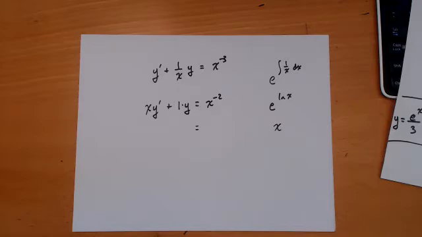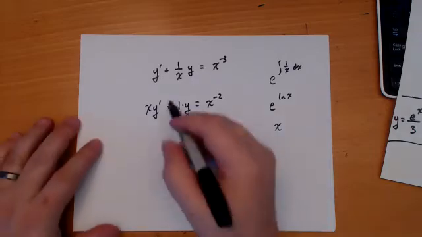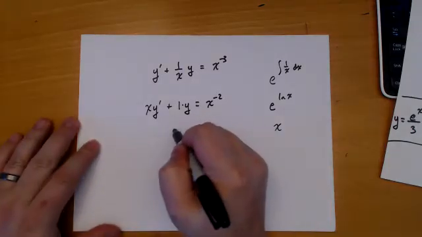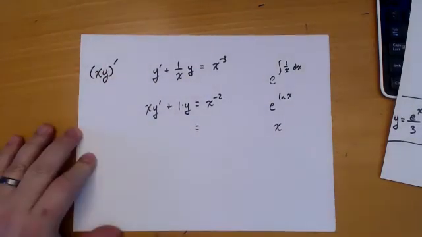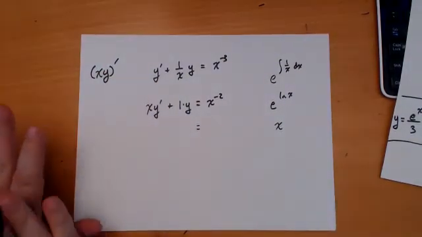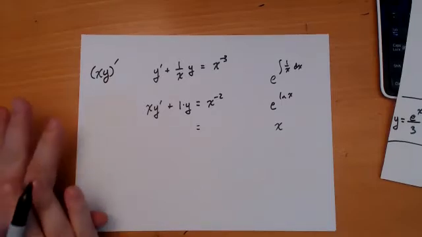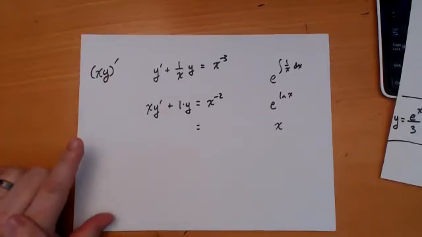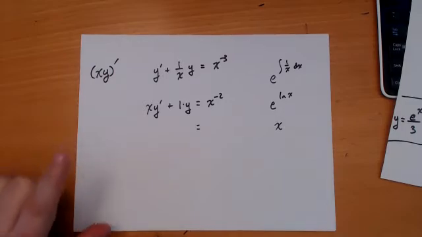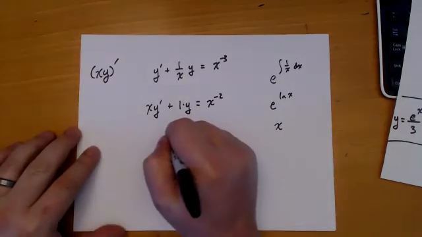Okay, so most of us are writing it in the form I like. Many people wrote this, and that's not wrong. It's correct, but it's not the most useful form. The most useful form is this form.